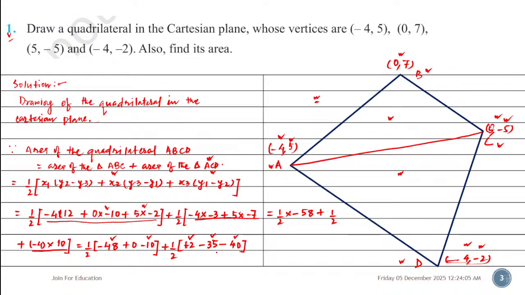So this will be -75 plus 12, which equals -63.